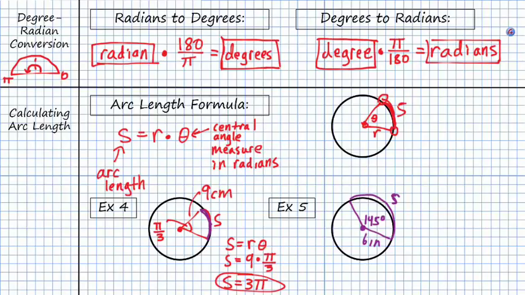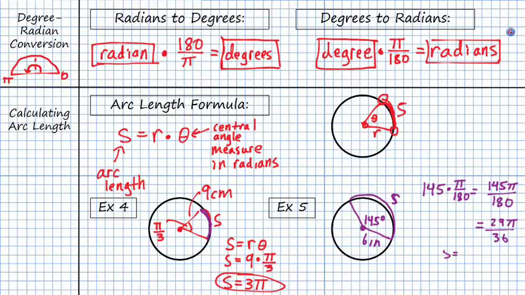We convert 145 by saying 145 degrees times pi over 180 is equal to 145 pi over 180. So this is going to be 29 pi over 36.